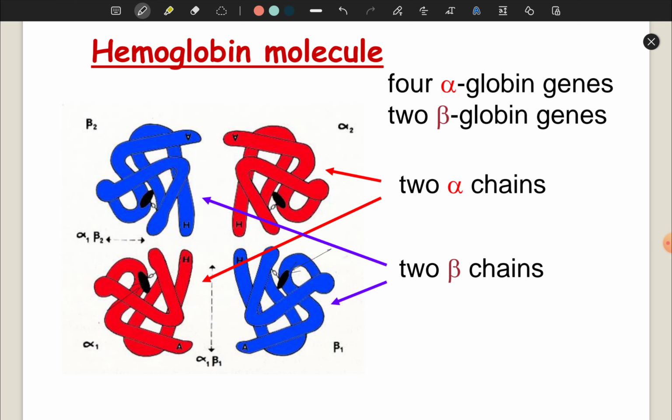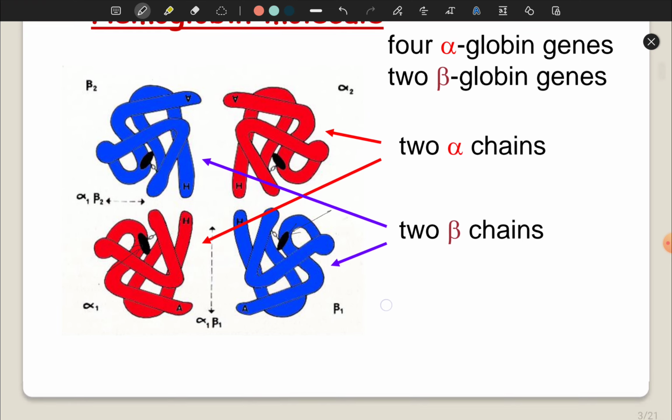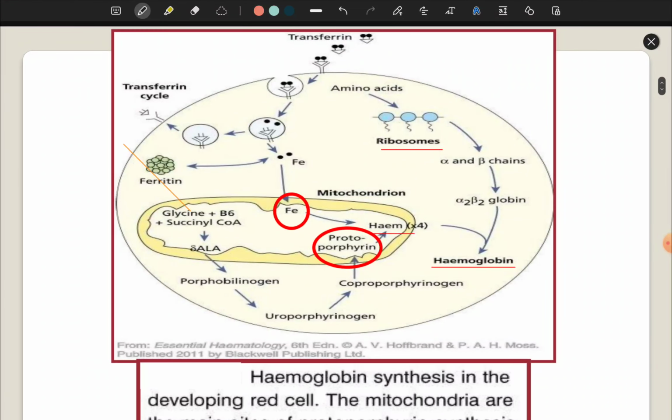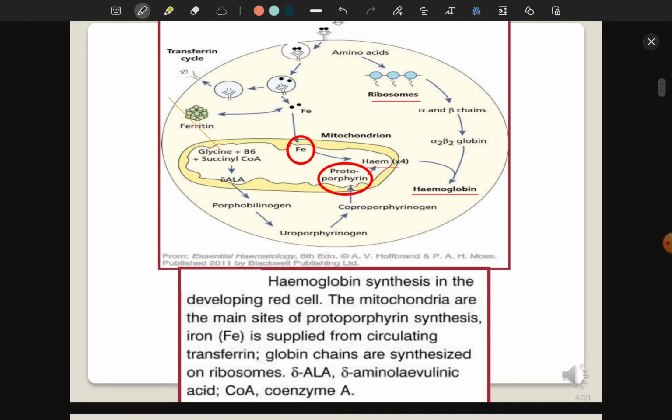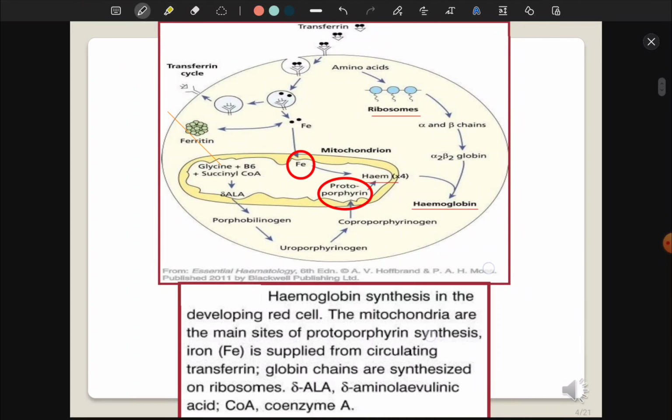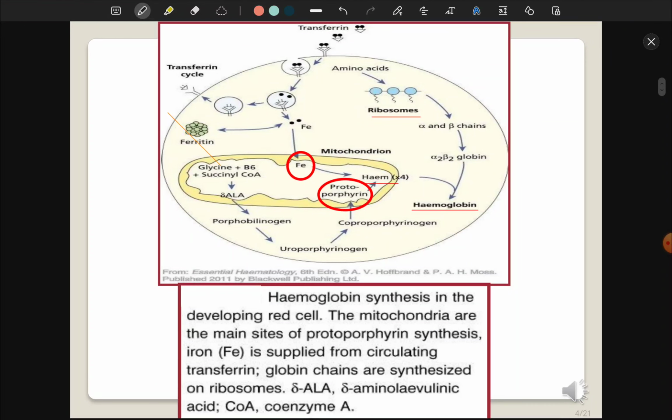Heme is the non-protein part of the hemoglobin, and the globin is a chain of polypeptide, which is a chain of amino acids. So this is the protein part of the hemoglobin. Heme is the non-protein part, which is this one, and this is the globin.